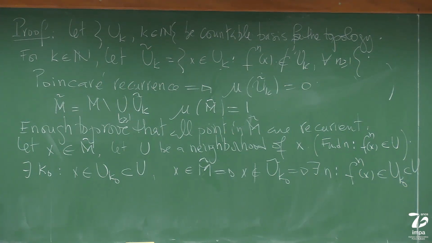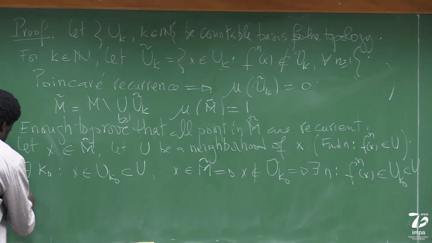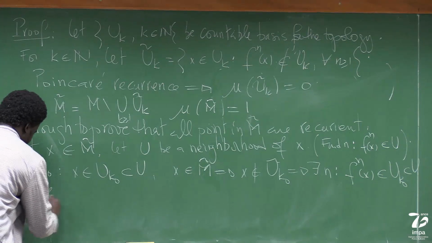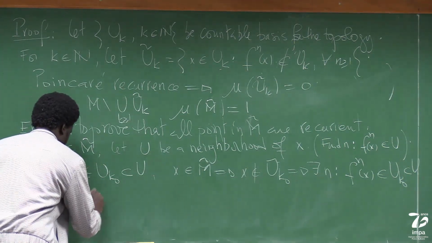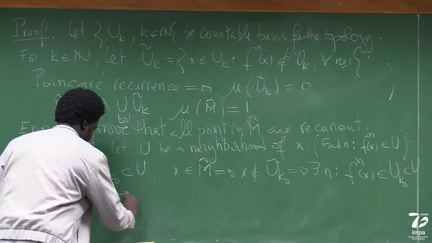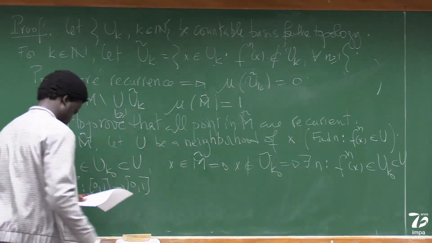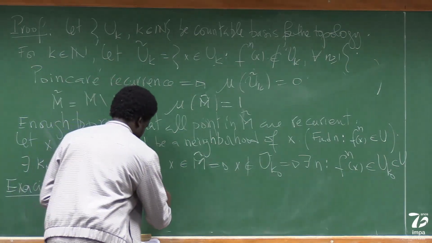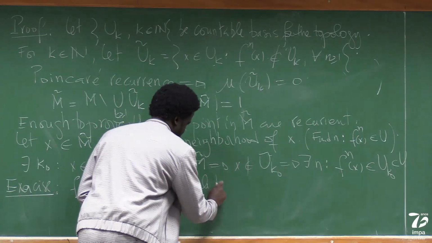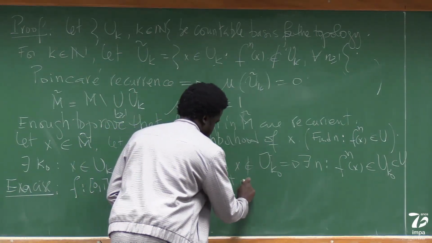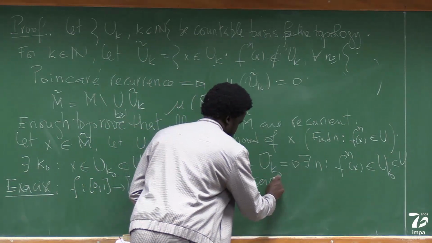And an interesting exercise, which is about approximating real numbers, is this. You will do it in the problem session exercise. Let f from [0,1] to [0,1] be measurable and preserve Lebesgue measure.